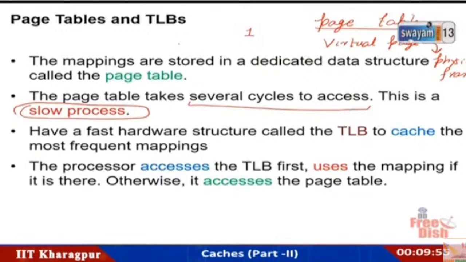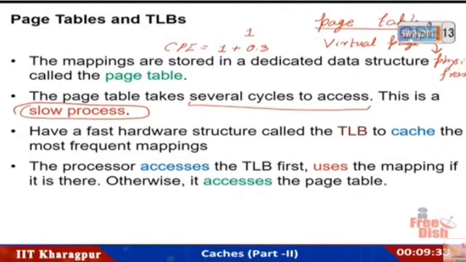So if we do a little bit of math, let's say a third of the instructions are memory instructions, so we can use our CPI formula. CPI will be 1 plus the fraction of memory instructions, which is 0.3. Let's again assume that all the accesses hit in the L1 cache.